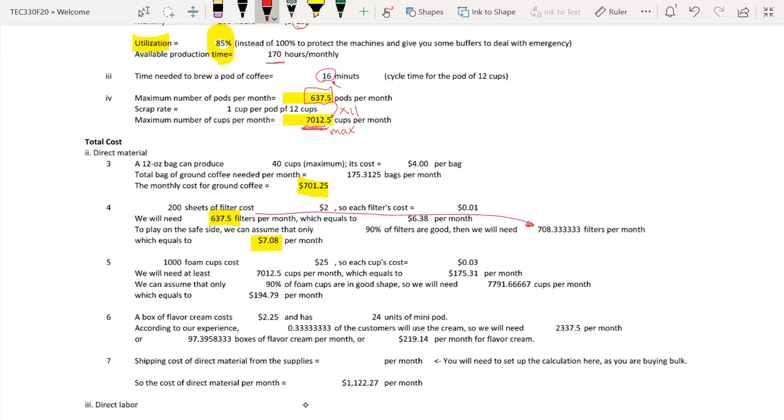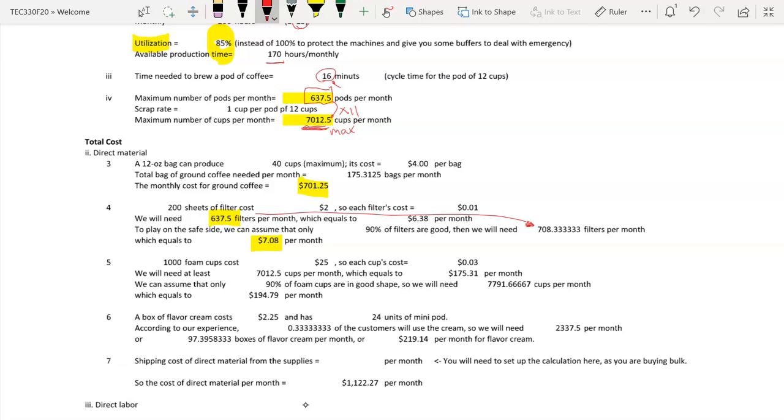Now take a look at foam cups. That is based on what I purchased from Walmart. When we did the experiment last semester, we got those numbers. We can assume 90% of the foam cups are in good shape, because it's a cheap one, so not every one of them is usable.